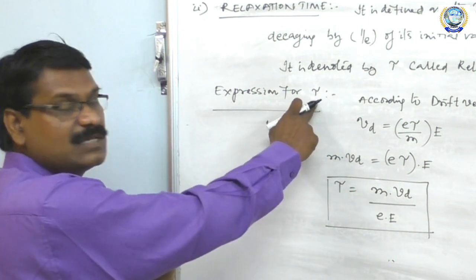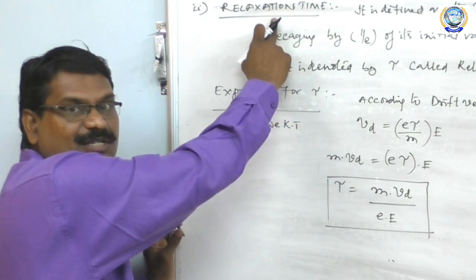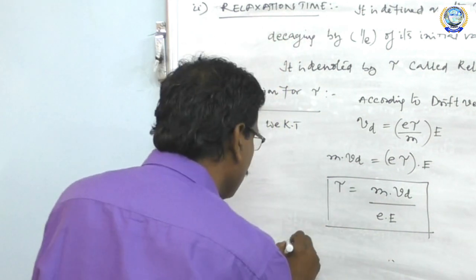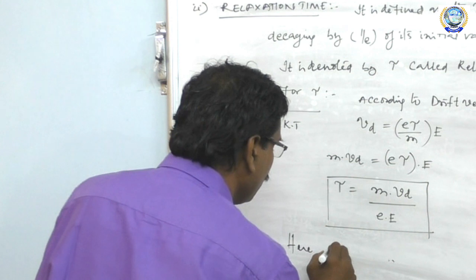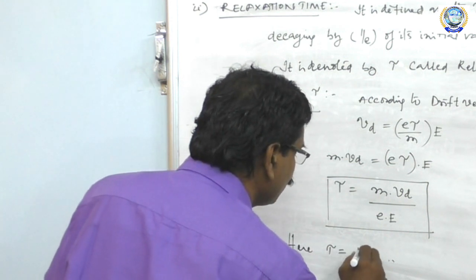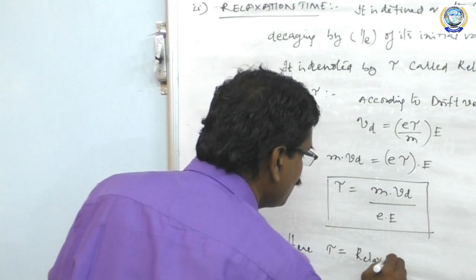As I told you previously, tau is nothing but called relaxation time. Therefore, here tau is equal to relaxation time.